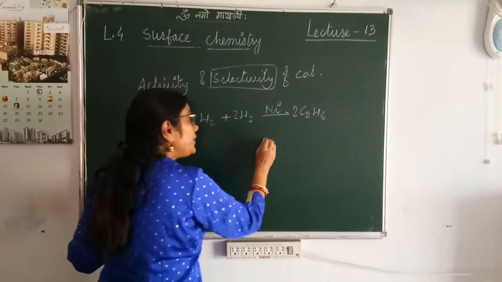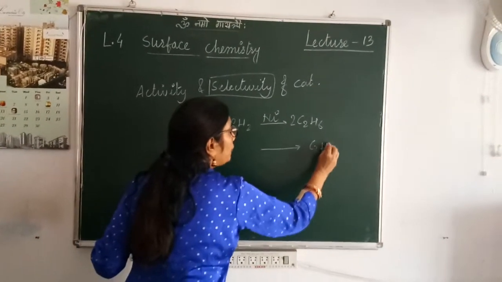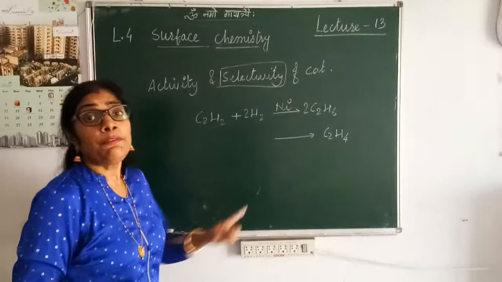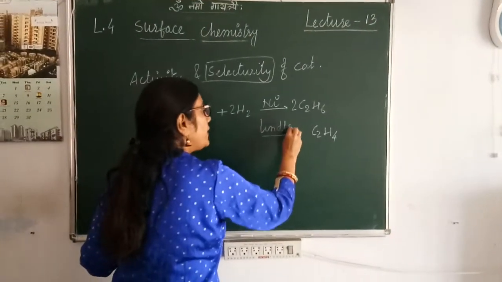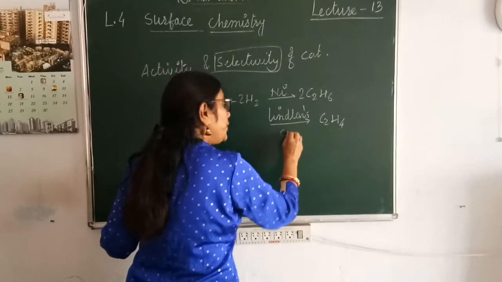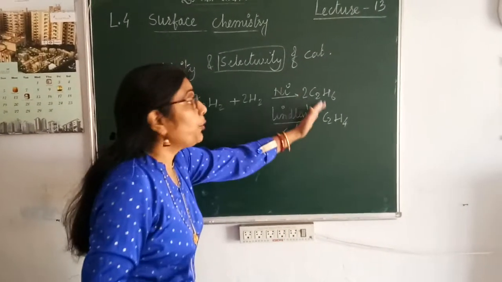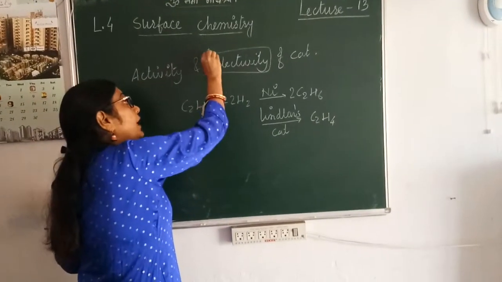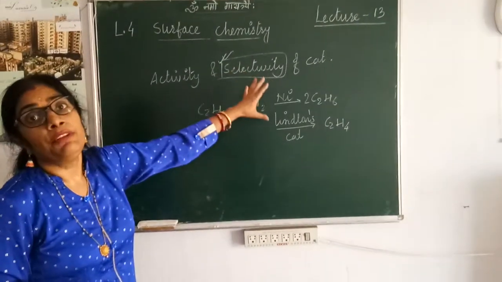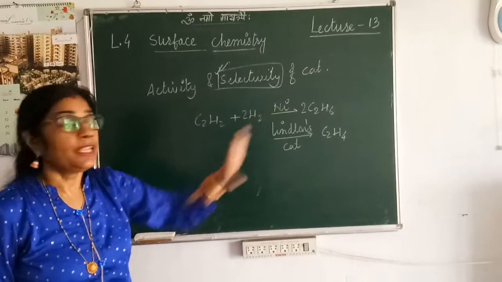But hydrogenation can be stopped at the alkene only if you use a mild reducing agent, and that is Lindlar's catalyst. So if you change the catalyst, the product also gets changed, and this phenomenon is nothing but known as selectivity or specificity of catalyst.